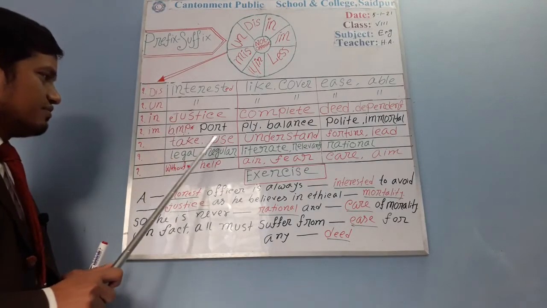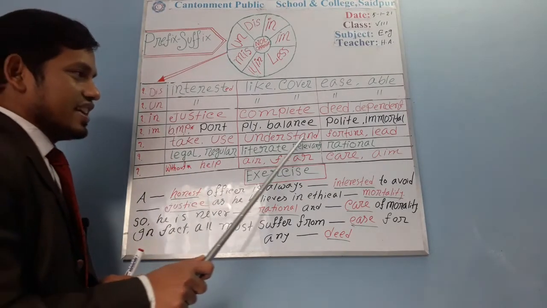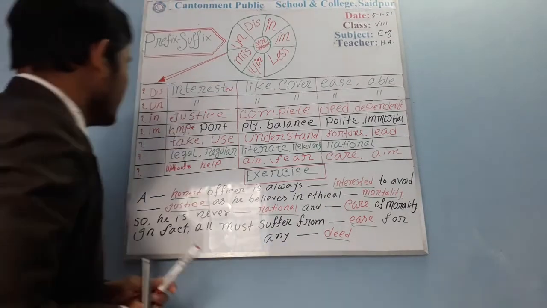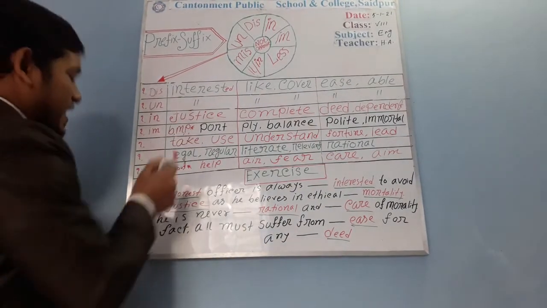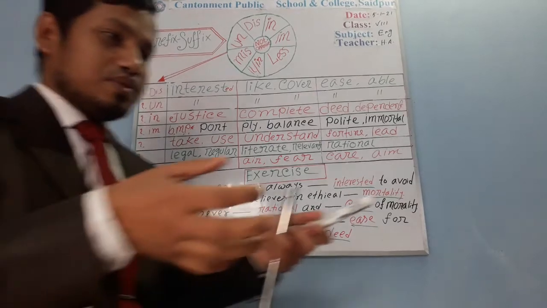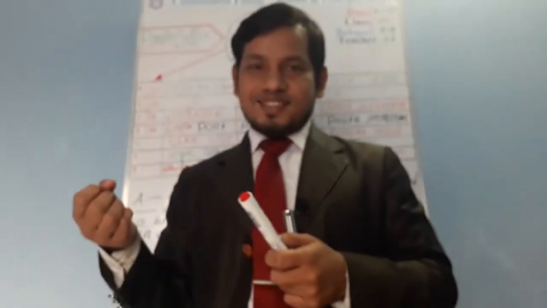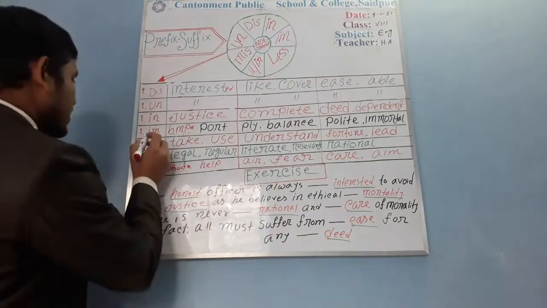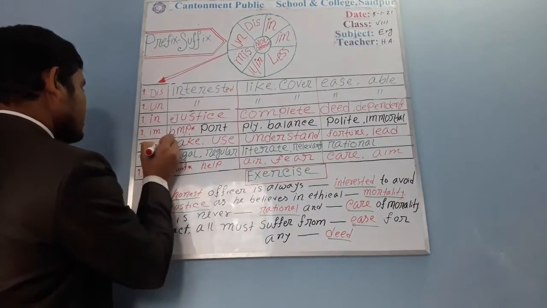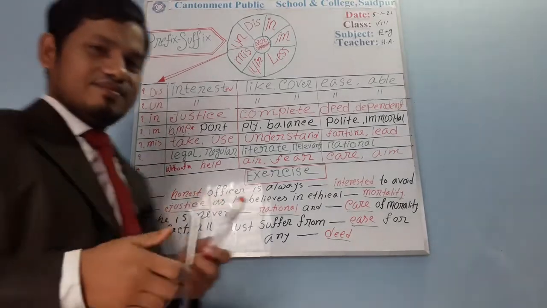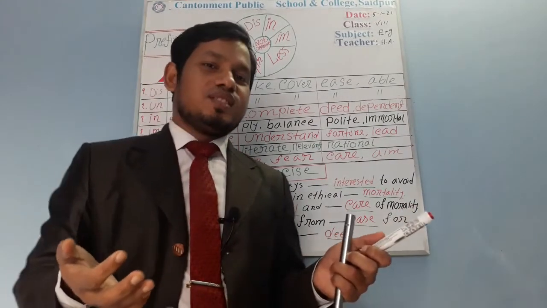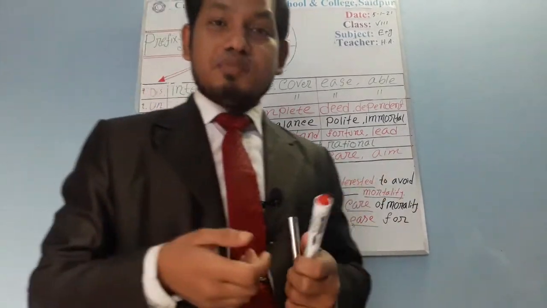Take, you can see, use, understand, pursue, lead. Very easy it is. Take means to put out something, right? To get something. This is take. But here you can use mis: mistake. Mistake means to make it wrong, to make a misdeed.